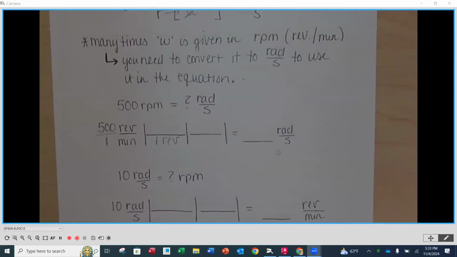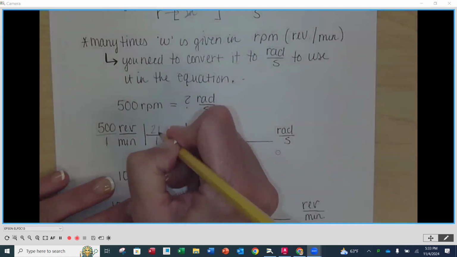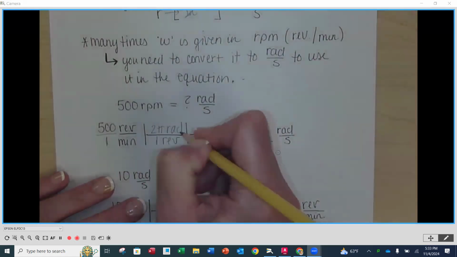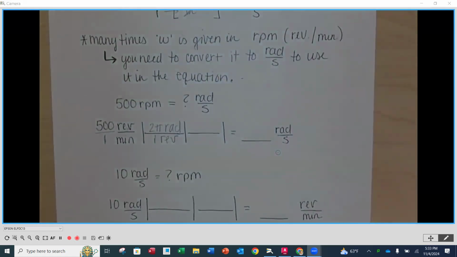And directly above it, we're going to put how many radians are in one revolution. In one revolution, or 360 degrees, there are 2 pi radians. Okay. Again, you're writing this out exactly like you see here because this is what I'm looking for, not only in this handout, but in the application that you're going to do for the problems for me. So I want to be sure you got it.